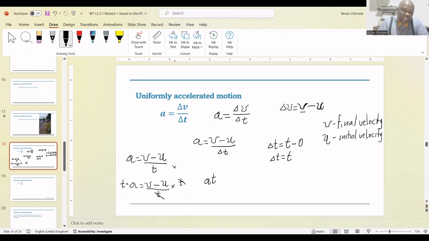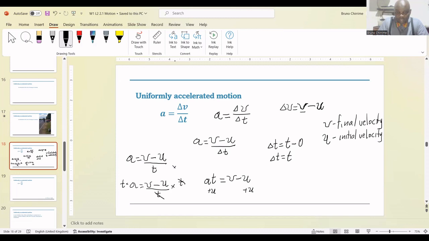Well, we want things to be positive, right? So let's get rid of that minus u. We have to add it because it's being subtracted, so we add u both sides. In the end, we have the final velocity, what we're trying to calculate, given by the initial velocity, whatever it is, maybe 0, plus its acceleration times time.